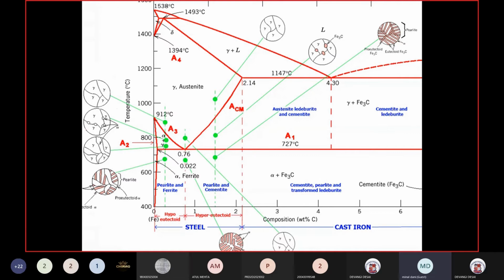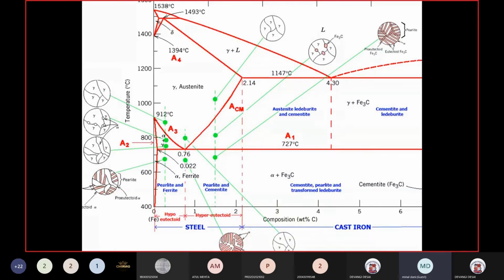So if you see this iron carbon diagram, if I am doing the heating for the heat treatment, ये आप लोग A3 लाइन देख रहे हो, 0.76 to 0.8 तक मैंने बोला कि this is your यूटेक्टॉइड पॉइंट.